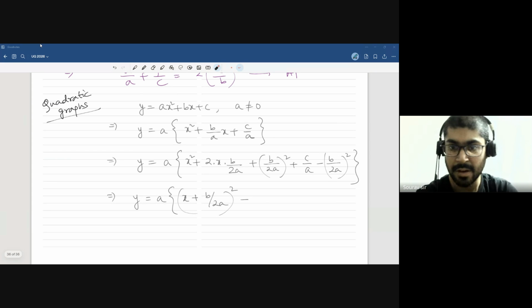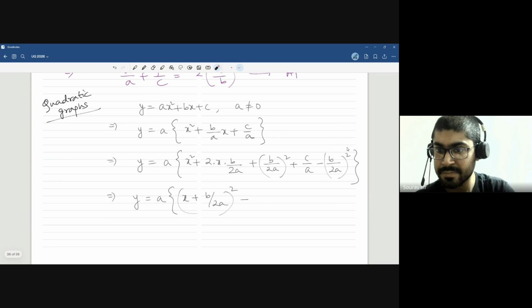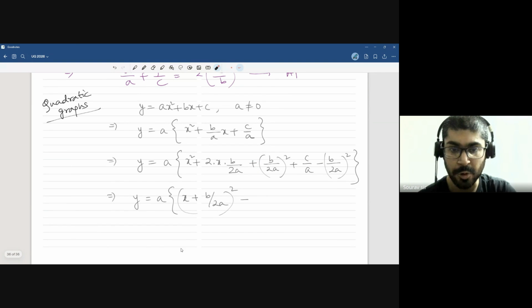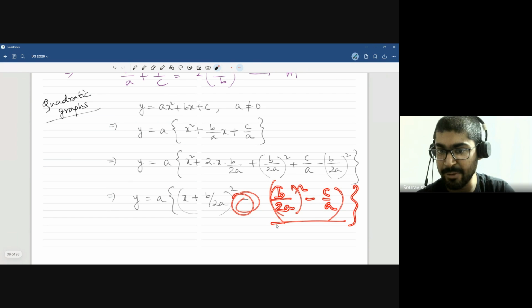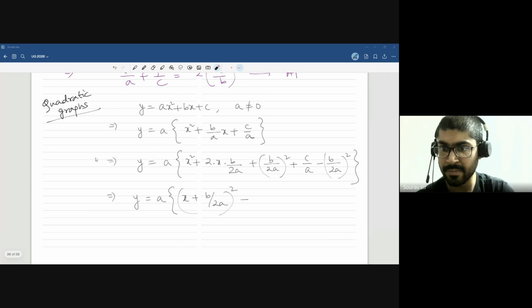What will be that term? Remember, this is a positive term. This is also a positive term. The only negative here is just beside it. So I want you to write it as a negative term, not a positive term. I have not given plus here. If I've given minus here, that means you should be doing something like b by 2a whole square minus c by a. So simplify this and tell me what you get.